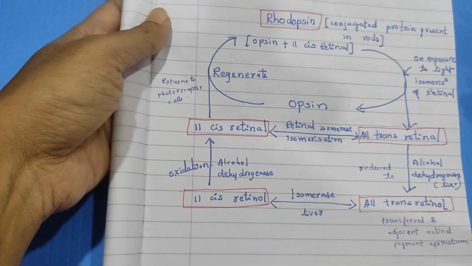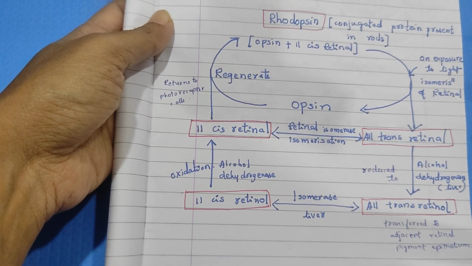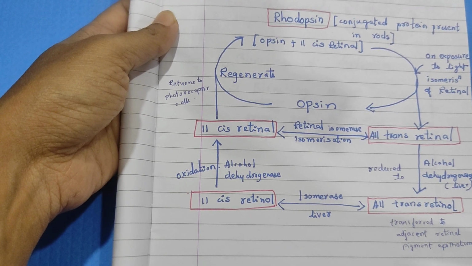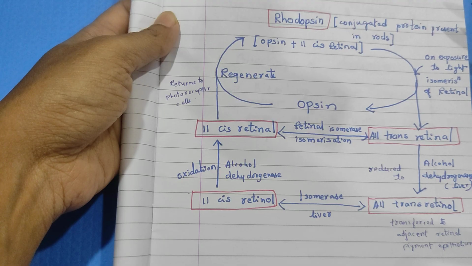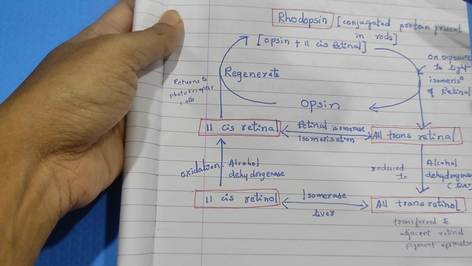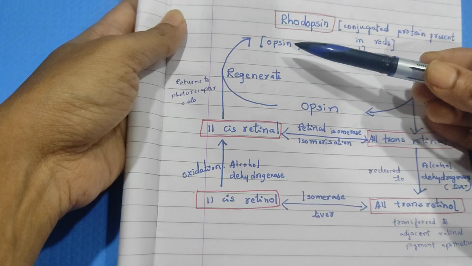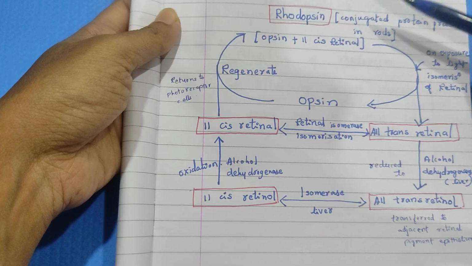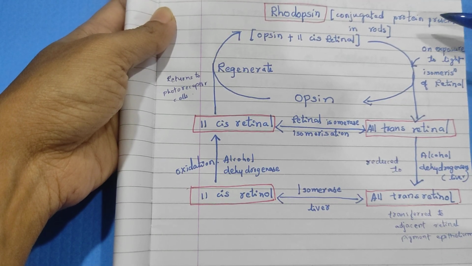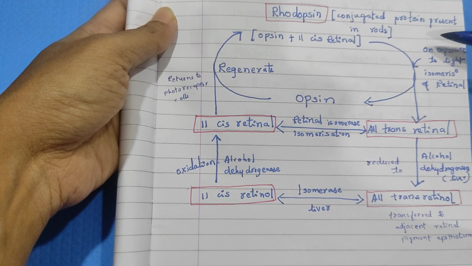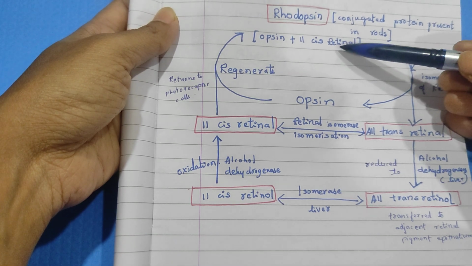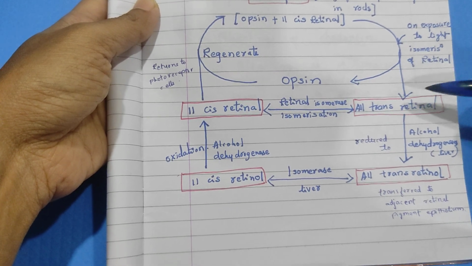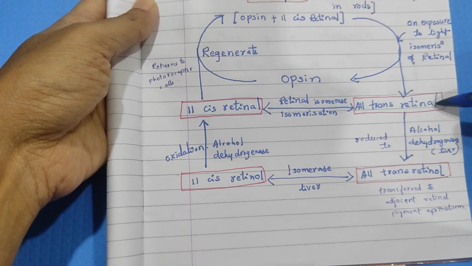So let us understand what happens in the Wald's visual cycle, how light is converted into electric signal, what are the steps involved. There is rhodopsin, which is a conjugated protein present in the rod cells. It contains opsin and 11-cis retinal. So when exposed to the sunlight, isomerization of the retinal takes place. This 11-cis retinal undergoes isomerization to release all trans retinal.